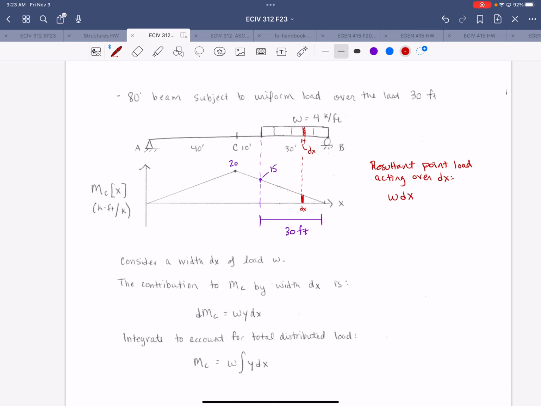And then this value, call that y. Y is the average value of the influence line over that finite length dx.